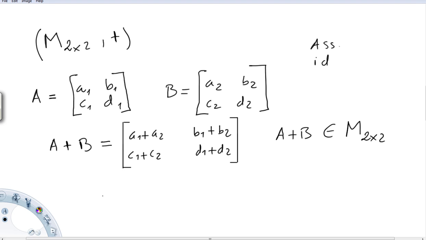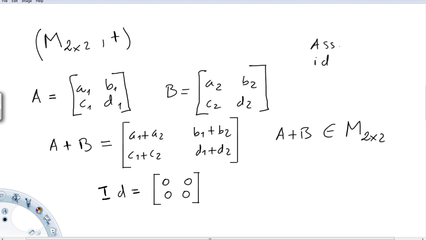Here the identity has to be a 2 by 2 matrix, right? The identity for addition would be the matrix 0 0 0 0.